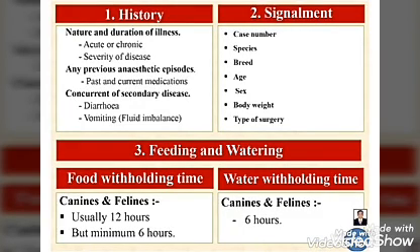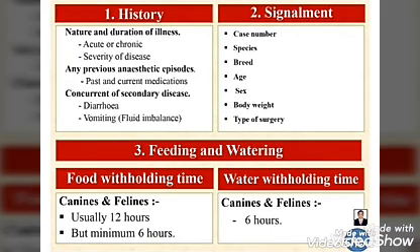Many times animal owners do not follow the clinician's instructions. If you do not follow the food and water withdrawal instructions, the risk of vomiting after induction of anesthesia increases, and during recovery there is an increased risk of tracheal aspiration. So it creates a problem.